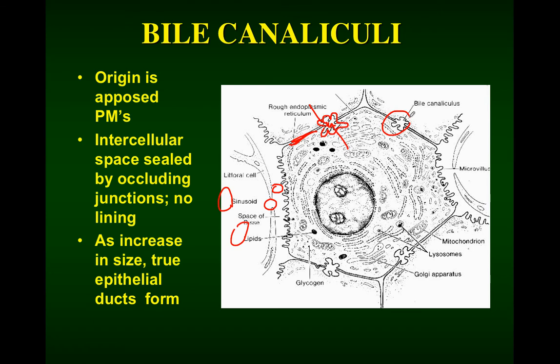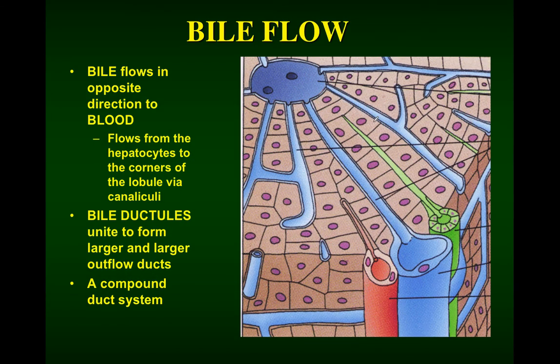So the direction, as I said, for the blood is from the periphery toward the central vein, whereas for the bile it is from the area of the central vein toward the portal area.